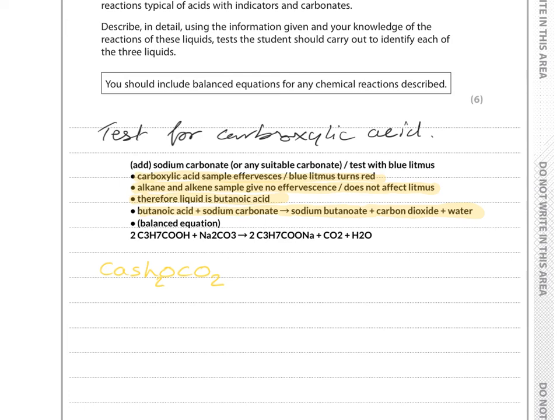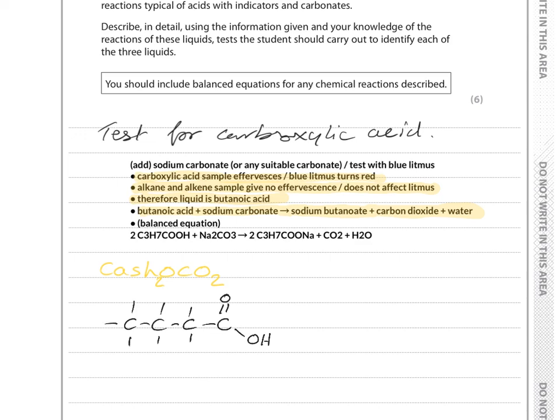Now in terms of the equation, I doubt many of you will have been able to write a balanced equation for that, but you may have been able to write a formula equation. So butanoic acid: meth, eth, prop, but. My carboxylate COOH group looks like that.